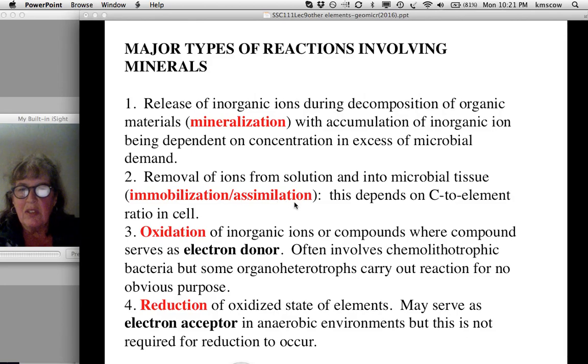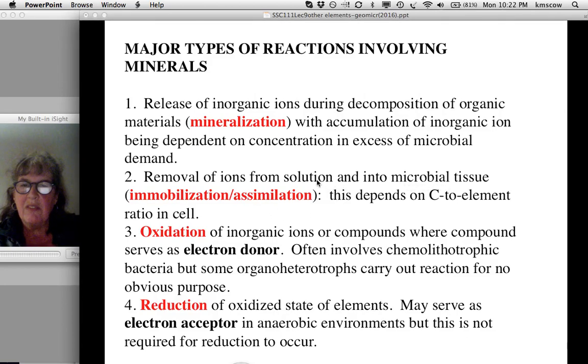And vice versa, microbes need a lot of those elements as nutrients themselves, and they are going to immobilize or assimilate them. And this will also depend on a carbon to whatever-the-element ratio that's going to determine whether it's net mineralization or immobilization.